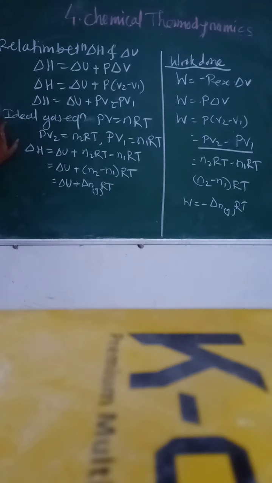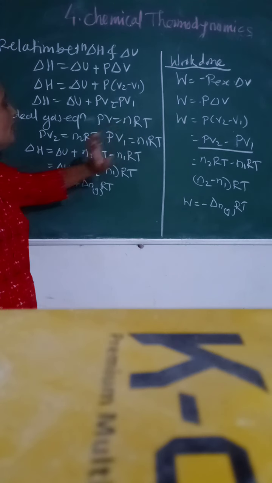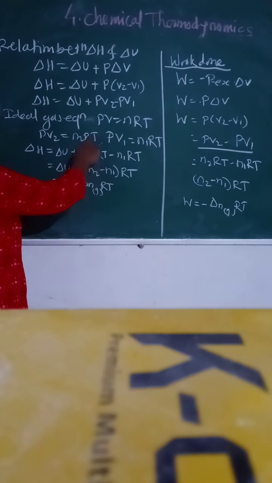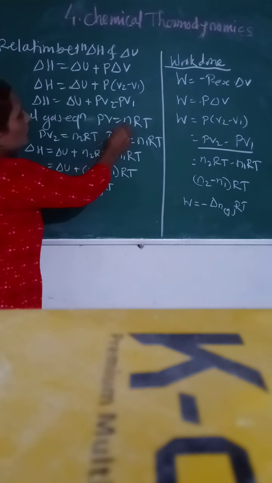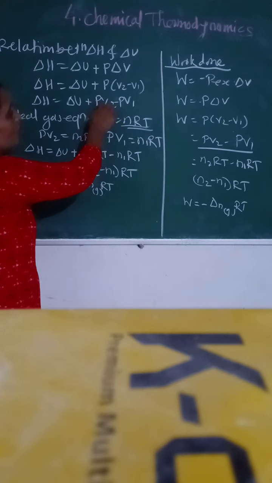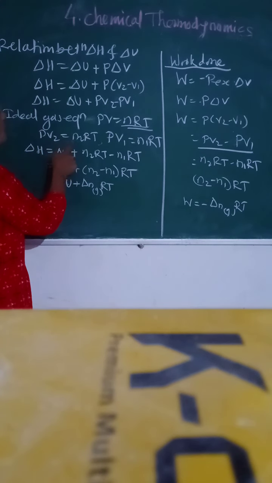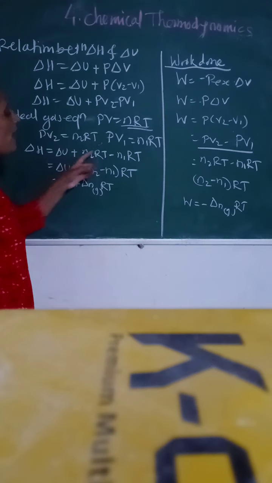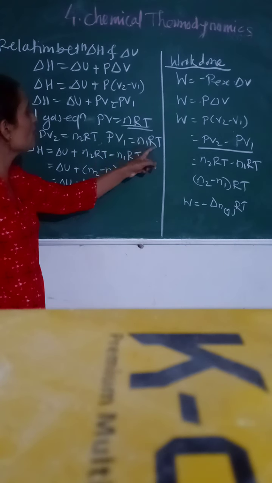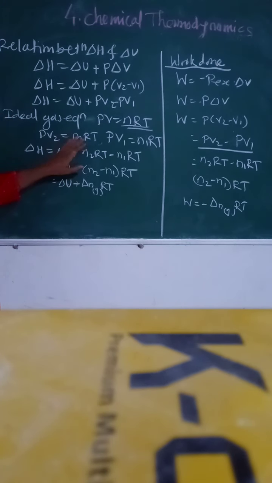Then we use the ideal gas equation PV is equal to nRT, so PV2 is equal to n2RT and PV1 is equal to n1RT.